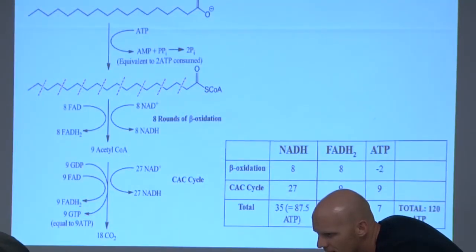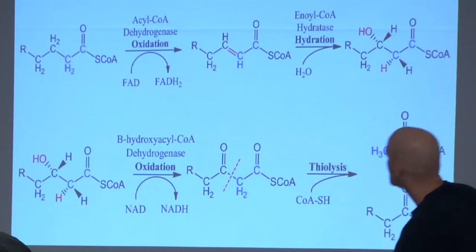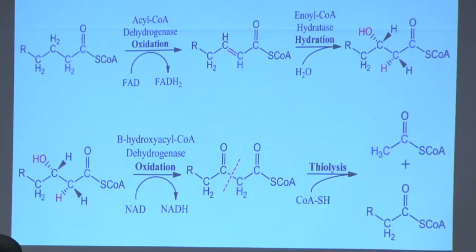Cool. One more thing to talk about. Want to go right back up here. So far, we've really only talked about beta oxidation for saturated fatty acids. But we can also do this for unsaturated. This can get complex in a hurry, but let's just assume a monounsaturated fatty acid. What does that mean?